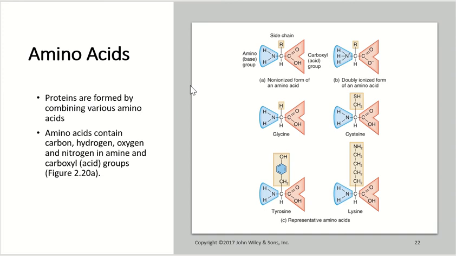Amino acids contain carbon, hydrogen, oxygen, as well as nitrogen in this little amine group here, or amino group. They also contain a carboxyl group. This amino group is why we call them amino acids. It's important to remember that an amino acid has both an amino group and a carboxylic group.